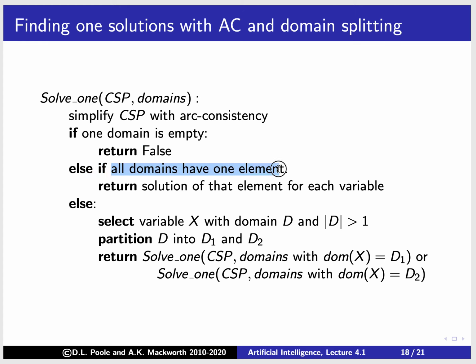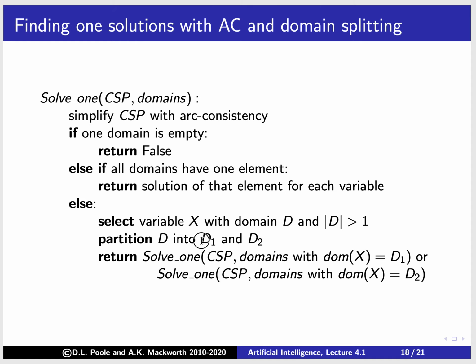If all the domains have one element, we return that assignment: each variable has a domain with one element, so we assign that element to that variable. Otherwise, at least one of the variables has a domain that's bigger than one, so we select one of them.